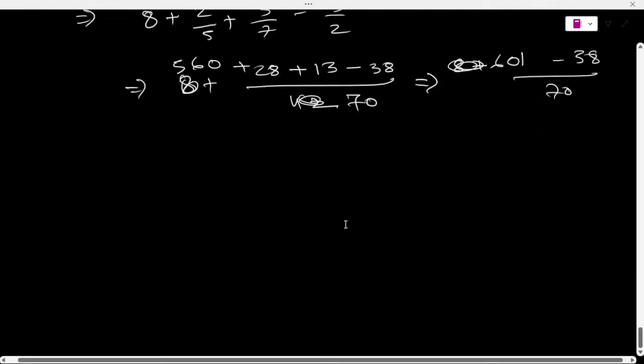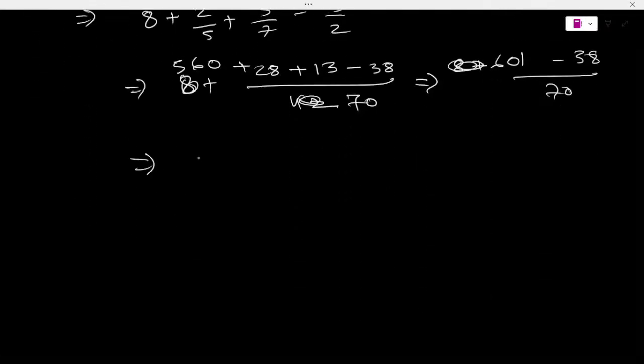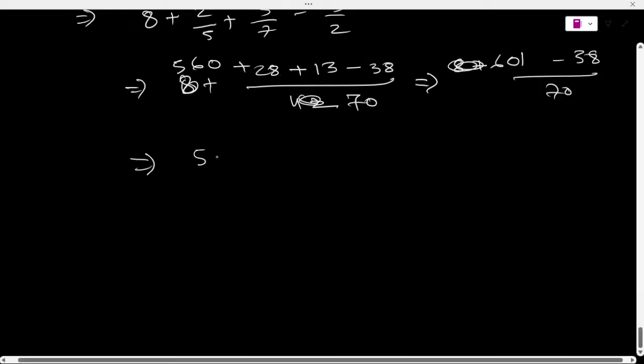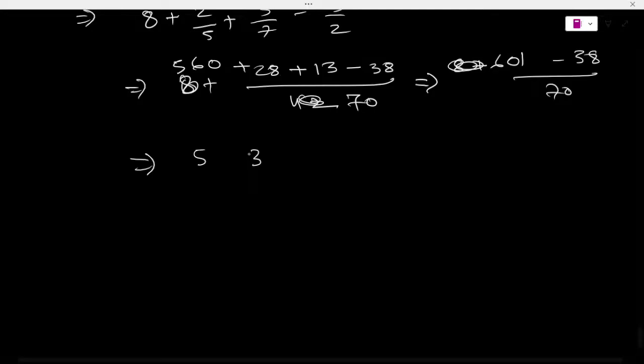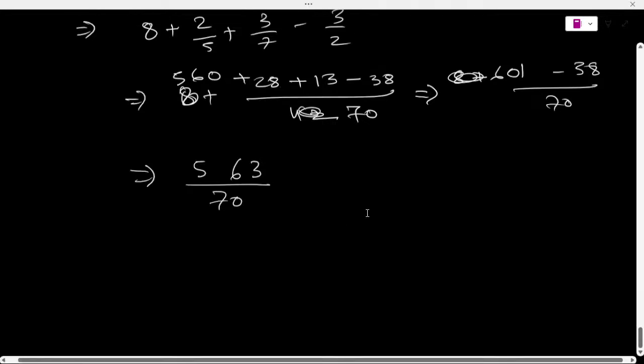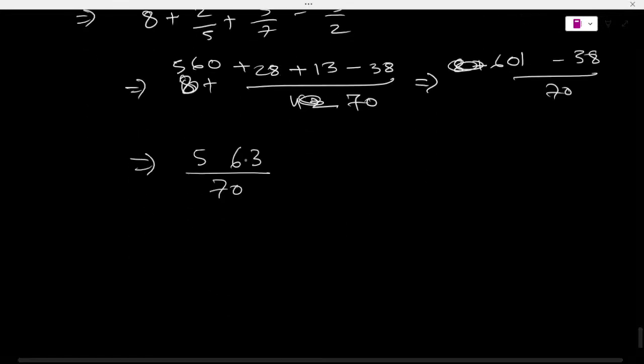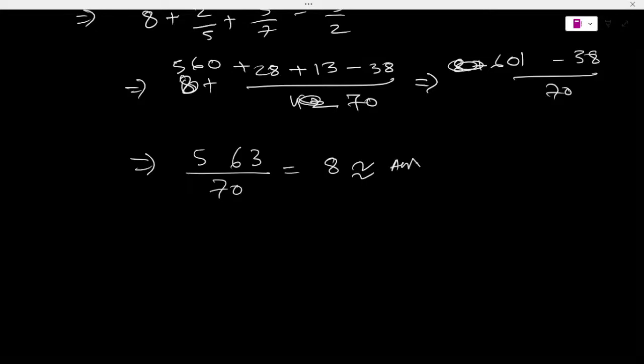The calculation comes to 563 divided by 70, so 8 will be the rounded answer.